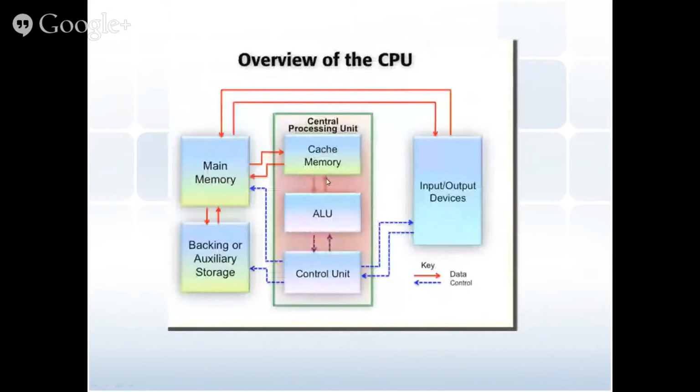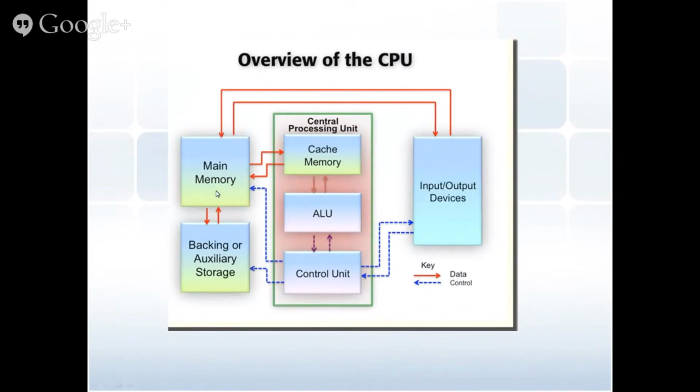It works like this. We have the main memory storage, like the RAM, and then background or associated storage, like the SSD or hard drives.